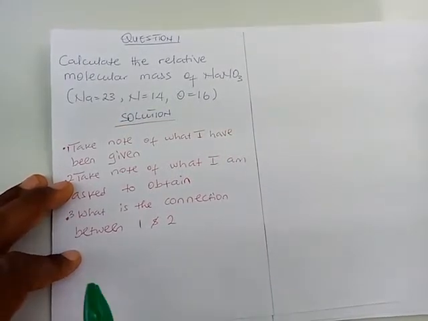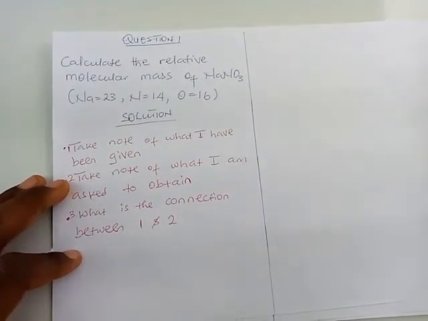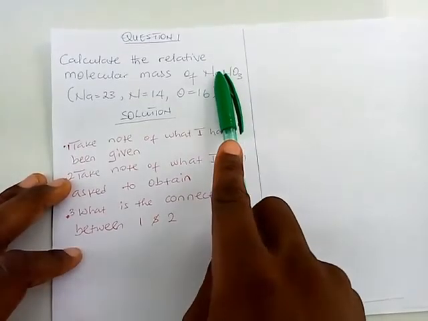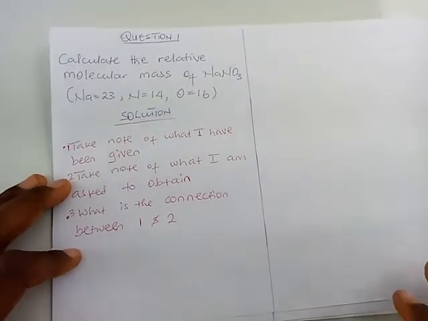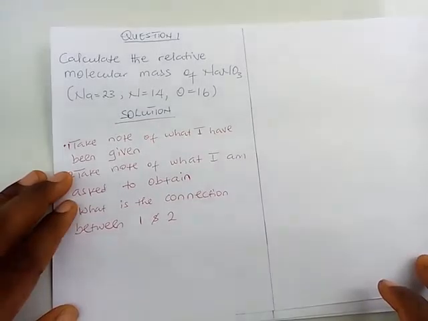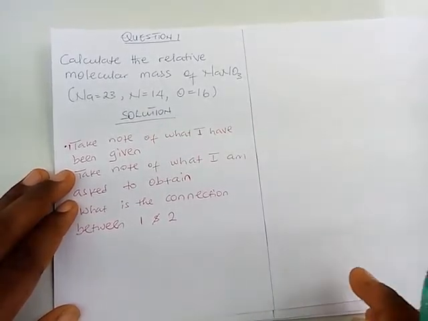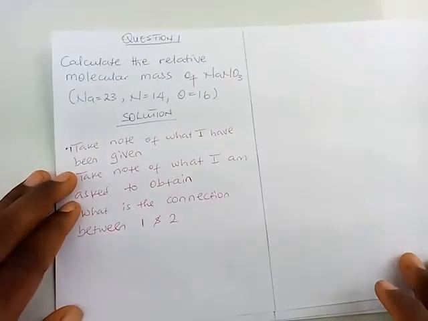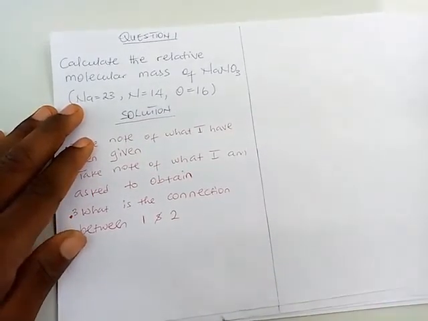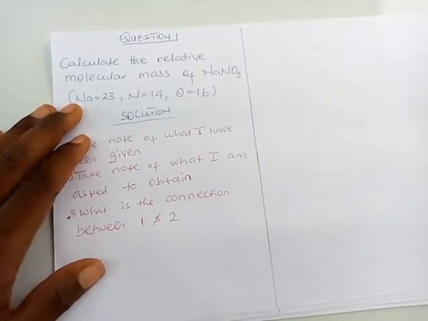So from this point, we can see already that we have been given the formula of the compound, that's sodium trioxonitrate(V), and also we have been given the relative atomic masses of the elements involved.